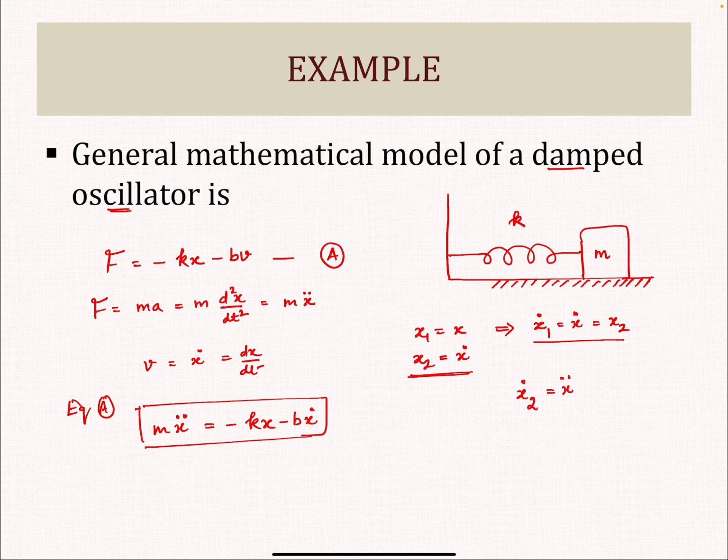x2 dot is equal to x double dot. Okay, now we will put these variables in our previous equation. Let's say this is equation B. So we can put m x double dot is equal to x2 dot, minus k x, and x is now x1, so we put x1 for x, and minus b x dot, and x dot is x2.